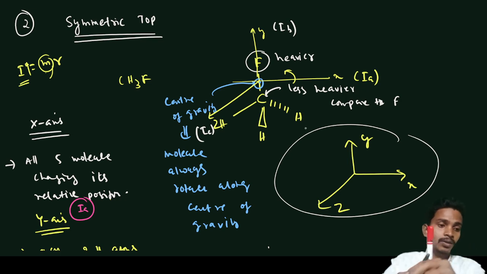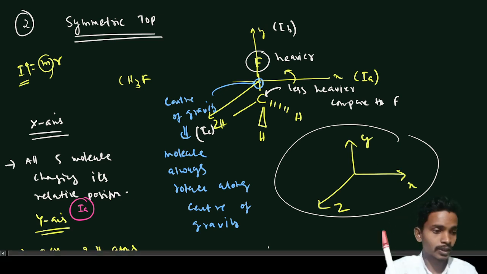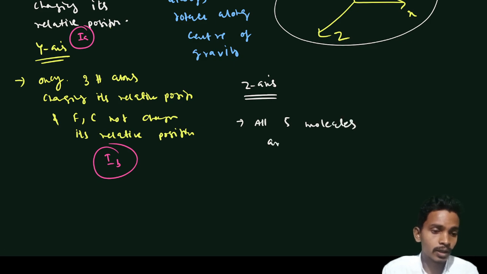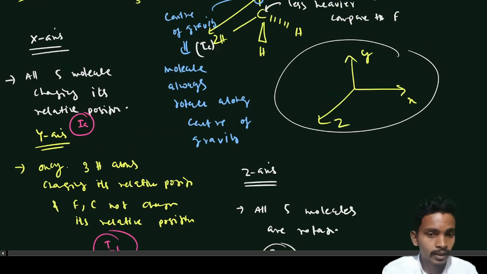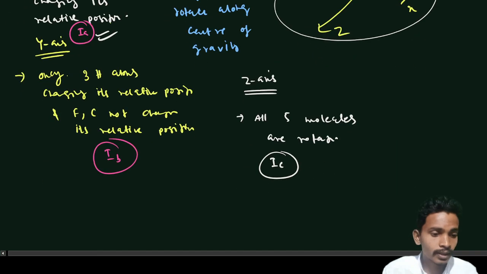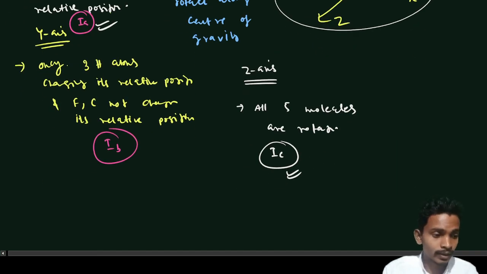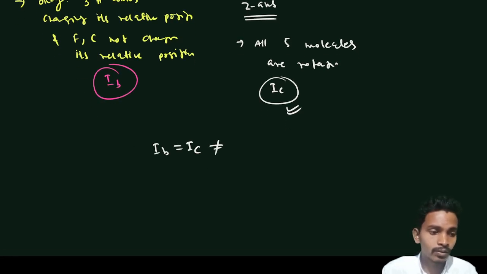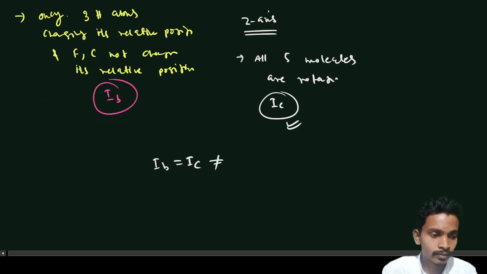If I rotate along the z-axis, then the whole molecule is rotating. So for the z-axis also, all five atoms are rotating. This is IC. So for IA, all five atoms are rotating, and for IC also all five atoms are rotating. It means I can say that IA equals IC and is not equal to IB.